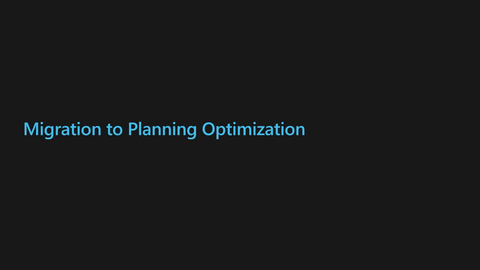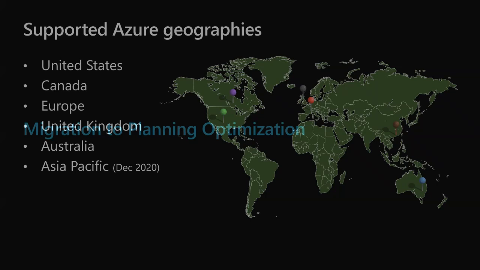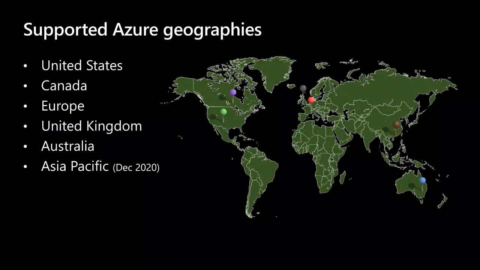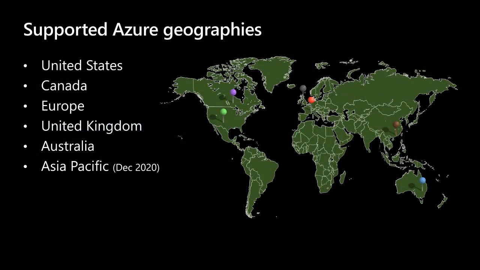And for existing customers, we are encouraging them to migrate as soon as possible. Right now, we are supporting the following Azure geographies: United States, Canada, Europe, United Kingdom, Australia, and Asia Pacific was added here in December 2020. So these are the current supported Azure geographies.